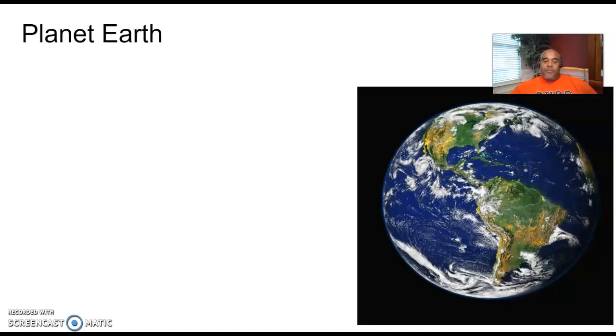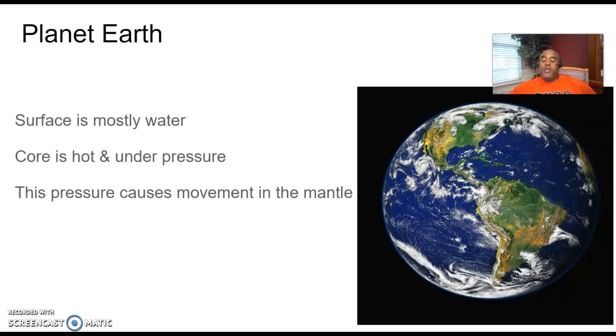Let's talk about planet Earth, and let's talk about composition here. When you see the picture of our planet, what do you mainly see? Well, from outer space, the surface of the Earth appears to be mostly water. Okay? So the surface is mostly water, and then there's rock throughout the rest of the surface.